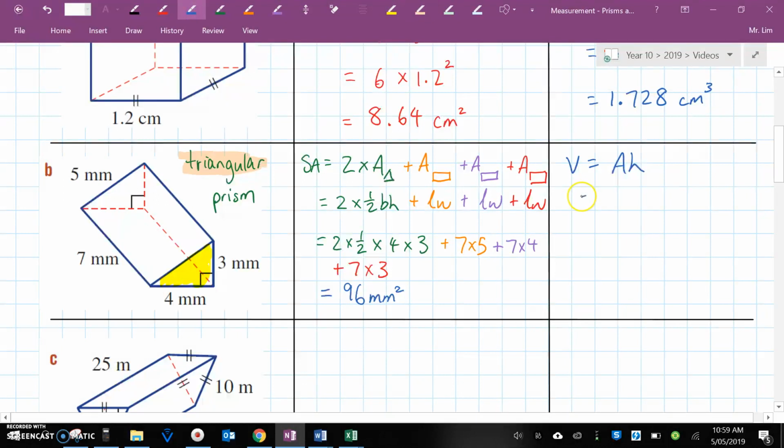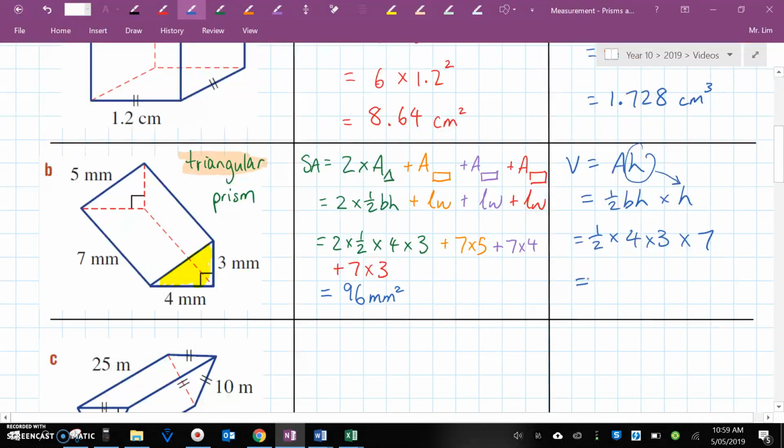So we're going to work out the area of the base, which is the triangle, half base times height. And then we're going to multiply it by the height of the solid. Half times the base of the triangle is 4, the height of the triangle is 3, and the height of the solid is 7.